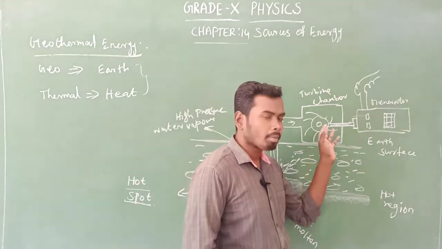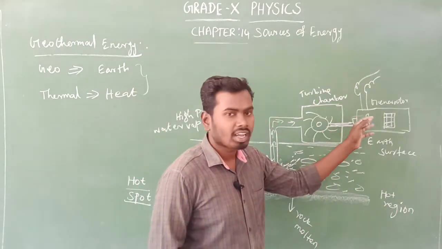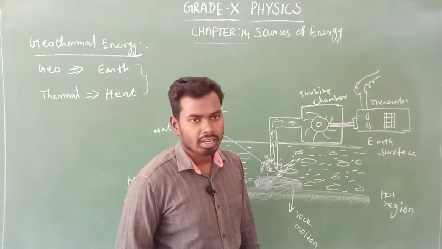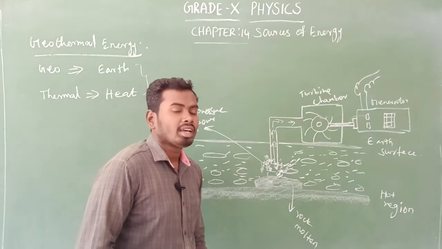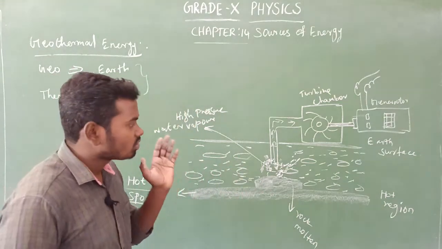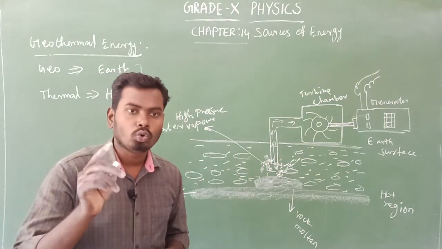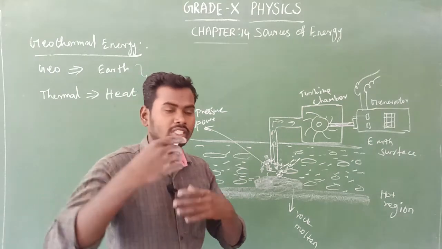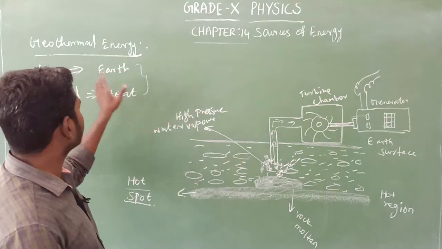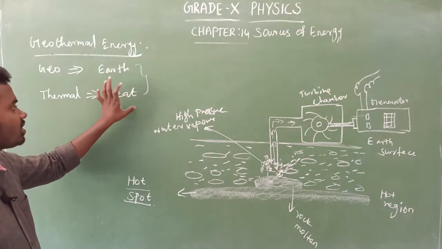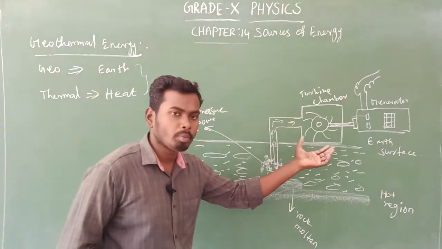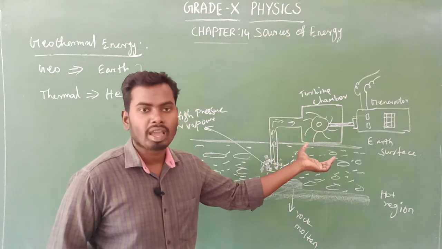The turbine is connected with the shaft, and the other end of the shaft is connected with the generator. Due to this rotation, the generator generates electricity. This is one method to generate electricity, and that is called geothermal energy. Here earth's heat energy is converted into a usable form of energy like electric energy.